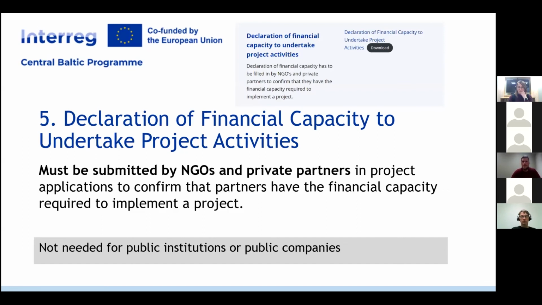You can see on the slide at this moment that there is a template to download, and you can do this in the Central Baltic webpage section dedicated to the application package. Or, as another option, after receiving this presentation, you will be able to download it directly from here.